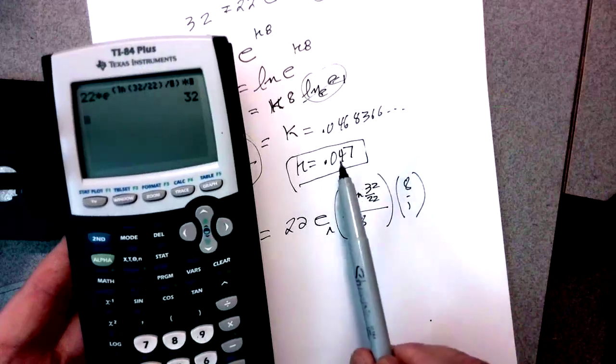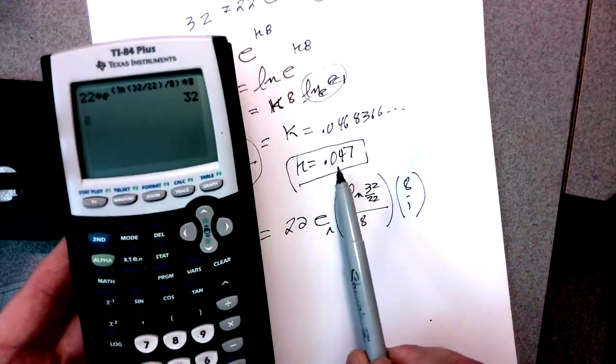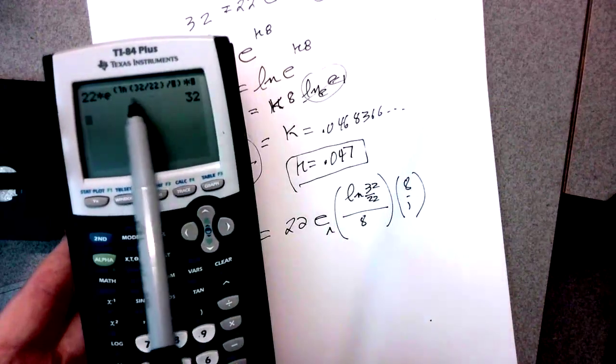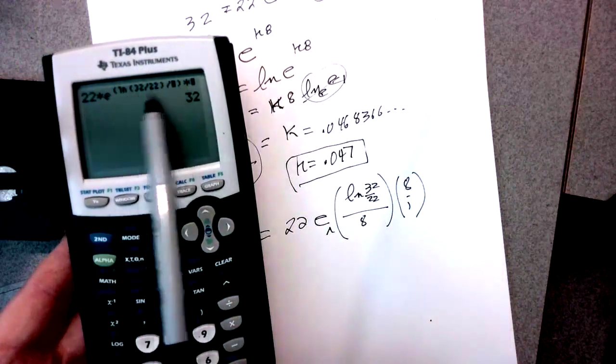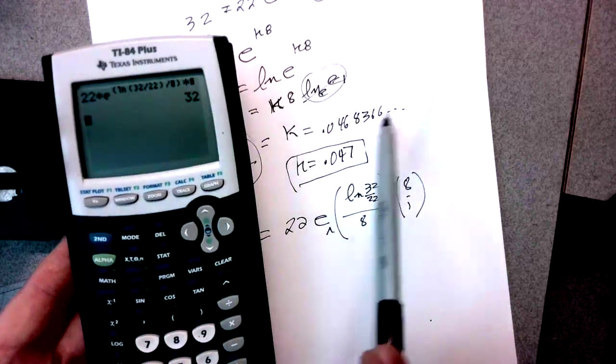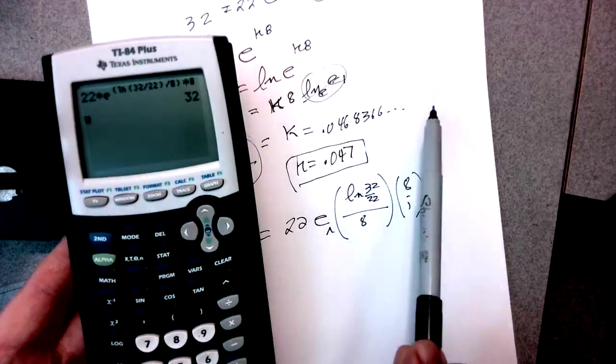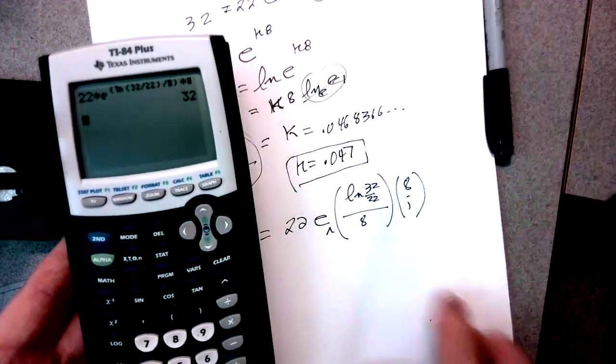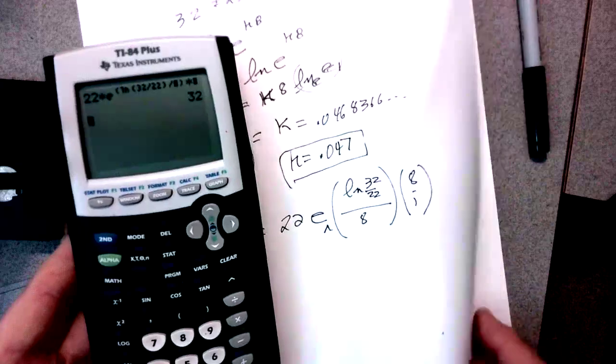Had I used 0.047, I would have gotten close to 32, but I wouldn't have gotten exactly 32. So what this calculation is doing is allowing the calculator to recall and keep this decimal series of values here. And the answer they asked for on the problem was the rounded value.